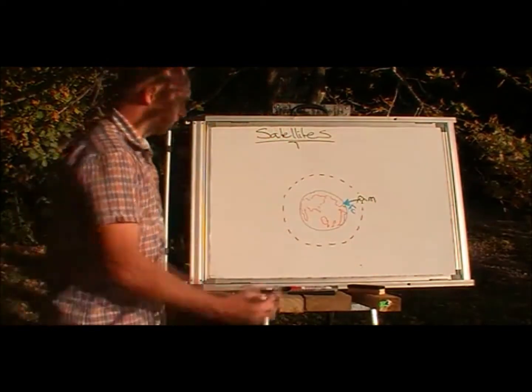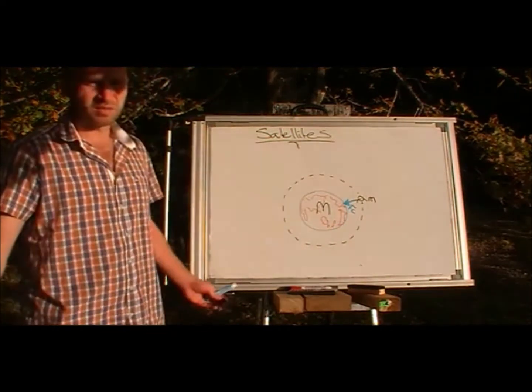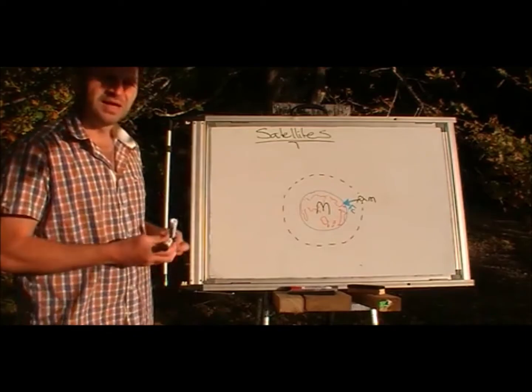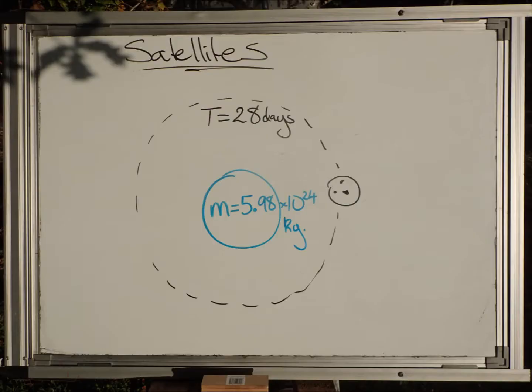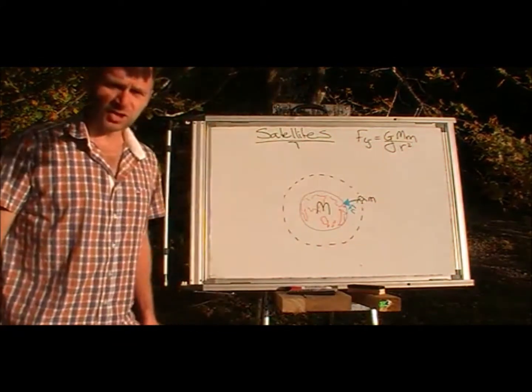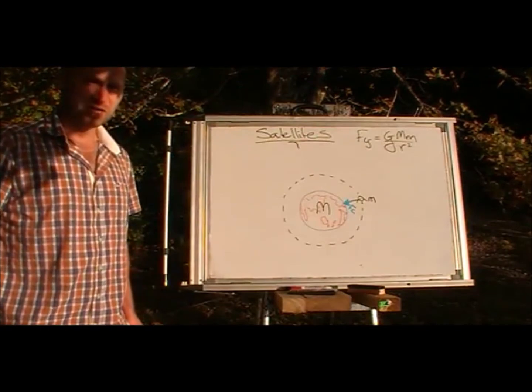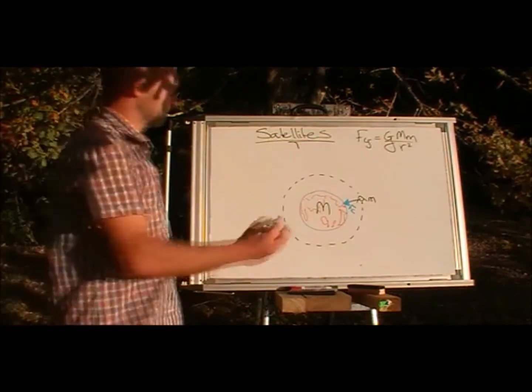Satellite's little m, object that it's orbiting around, bigger mass, bigger M. Let's write down those equations. That's Newton's universal force of gravitation and the centripetal force.